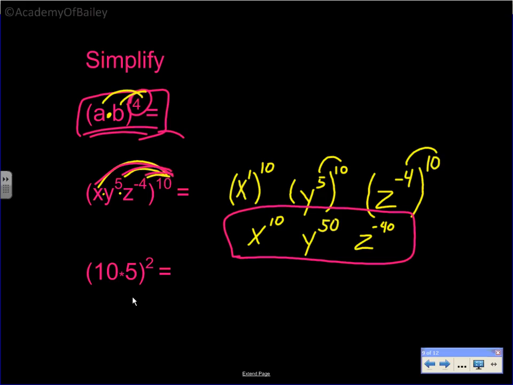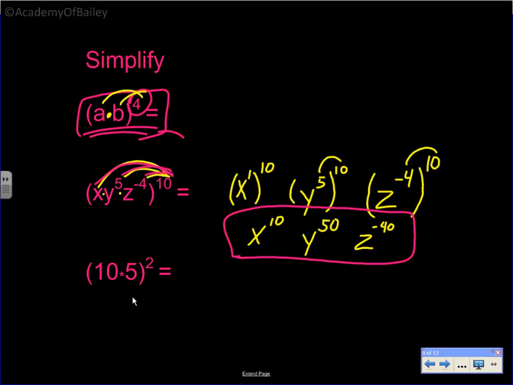And let's look at the last example here. The last example says we have 10 times 5, and all that's squared. Well, you know 10 times 5 is 50, and 50 squared is something you could probably figure out. But 50 times 50 is a fairly large number.